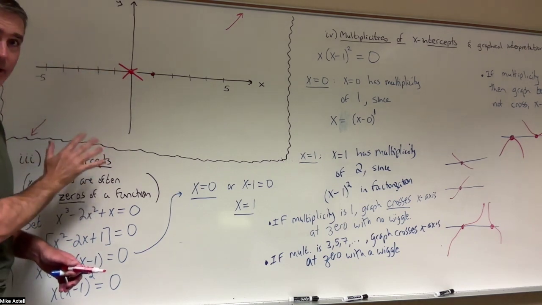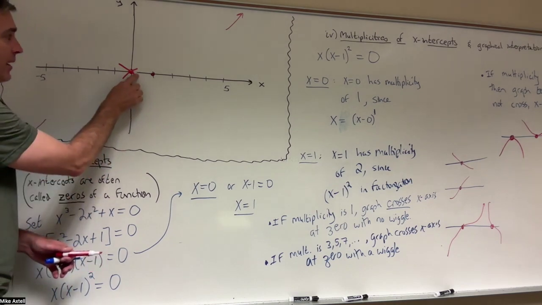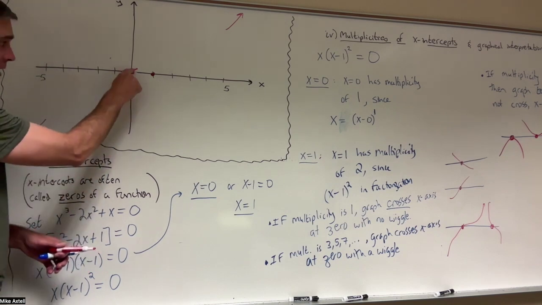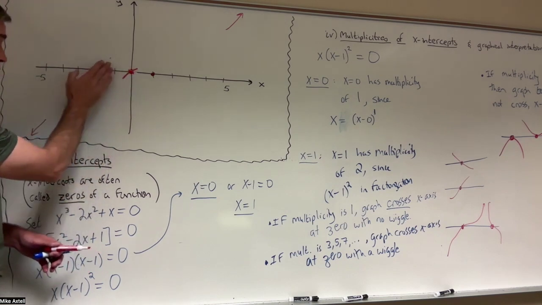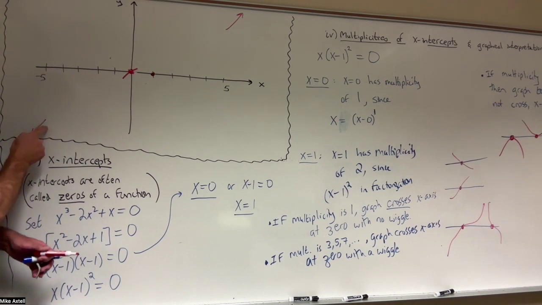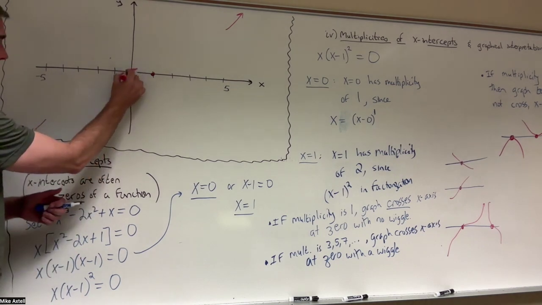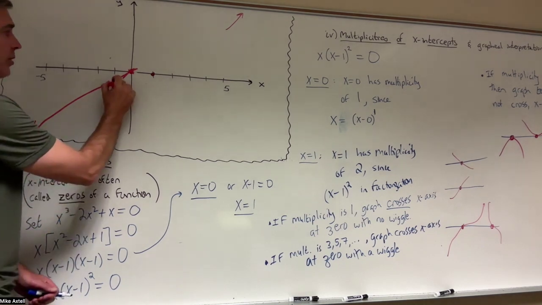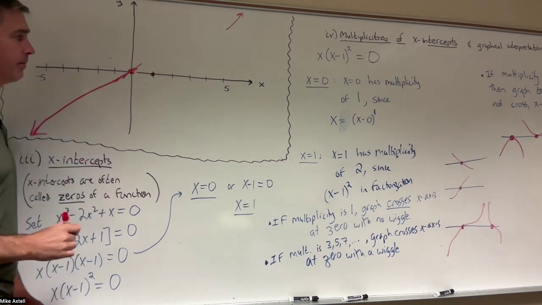But there's no other x-intercepts. So that behavior cannot be correct. The only way I can cross the x-axis there, nowhere to the left, and hit this is if I go that way and then join up with that. So I'm crossing the x-axis there.